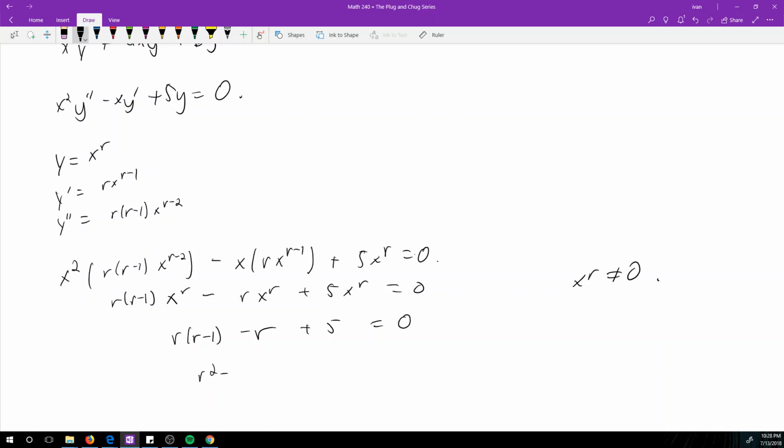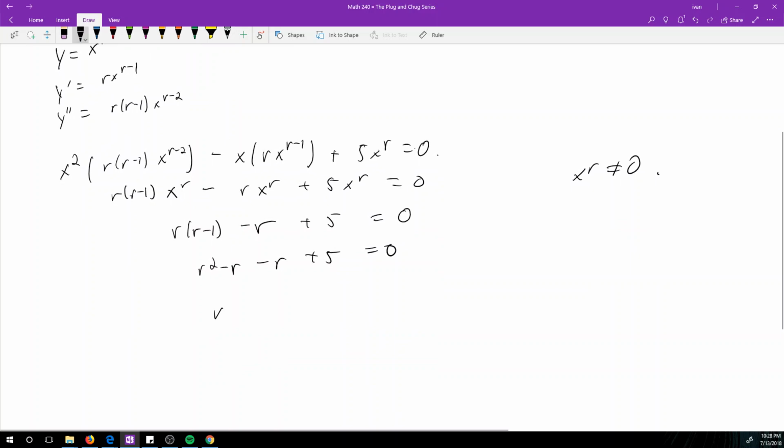So this is r squared minus 2r plus 5 is equal to 0. Now r is equal to 2 plus or minus the square root of 4 minus 20. I always say 16 because I know what the answer is, but it's going to be root 16 under there. So this is 1 plus or minus 2i, and r is equal to 1 plus or minus 2i.